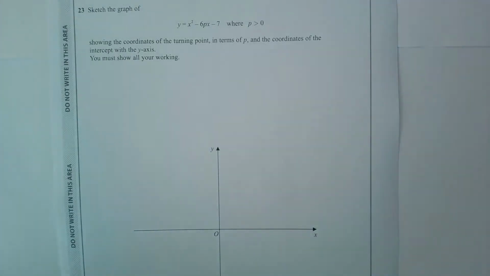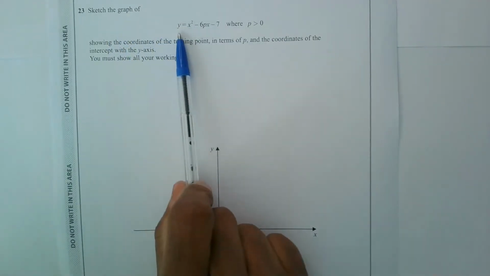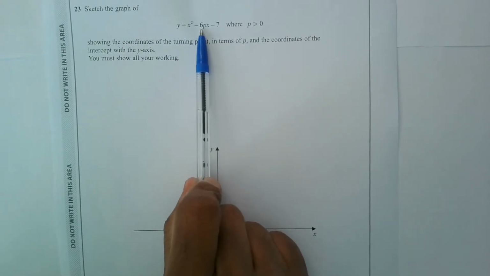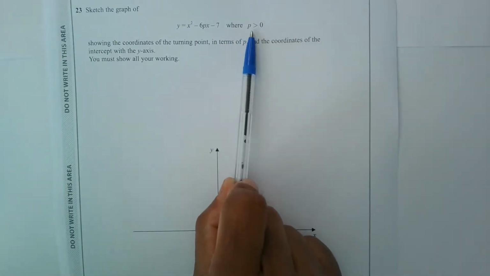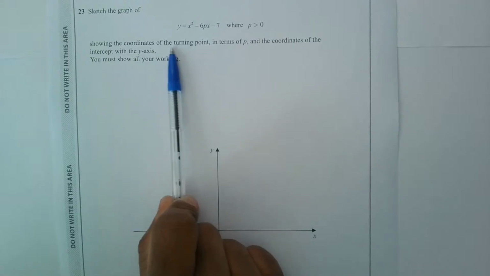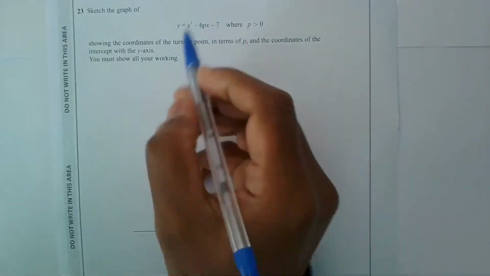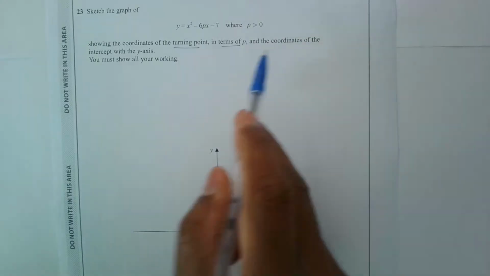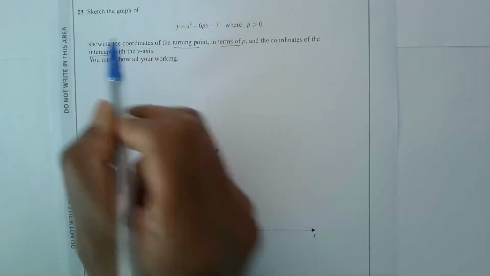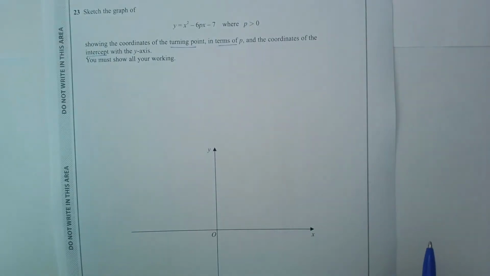Okay, so let's look at this question. Sketch the graph of y equals x squared take away 6px take away 7, where p is greater than 0. Showing the coordinates of the turning point in terms of p, and the coordinates of the intercept. Those are the two things we need to do.